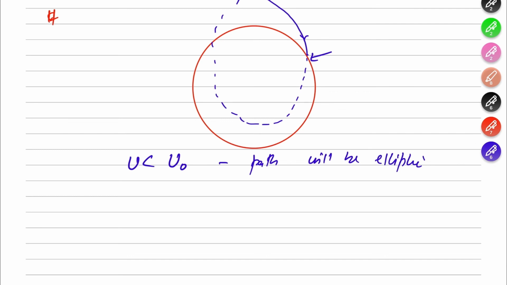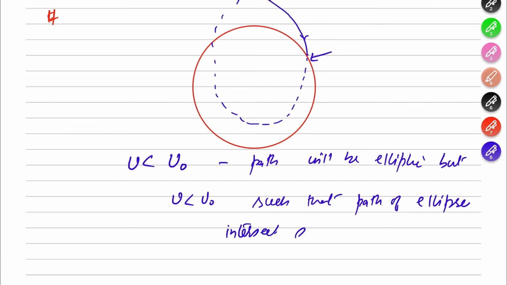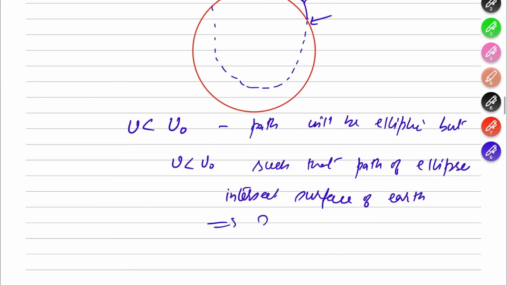But what happens if the velocity is so low that the path of the ellipse intersects the surface of earth? Then obviously they will strike the earth.